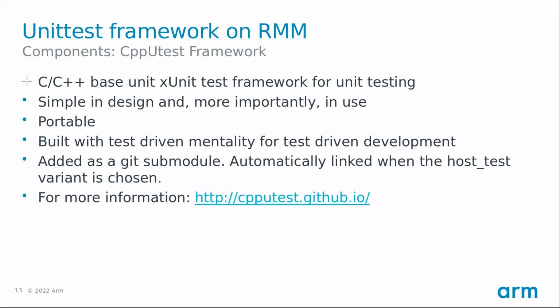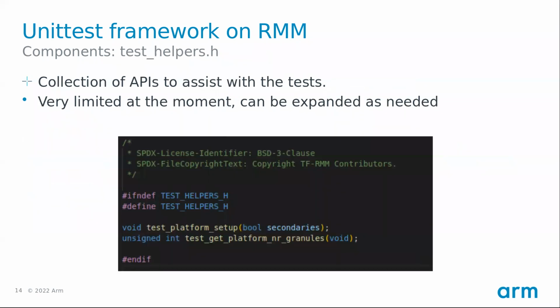Okay, so one of the components that I mentioned before was the test helper. This is a very small library, which is part of the host test variant. At the moment, it only has a couple of APIs that we can see here. Test platform setup, which performs some basic initialization of the fake host architecture.